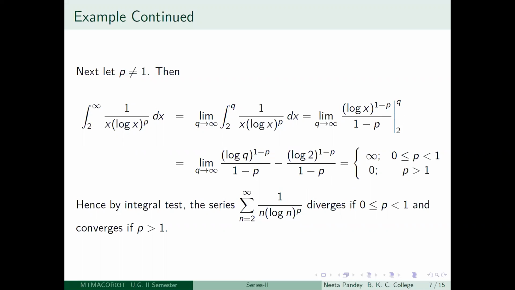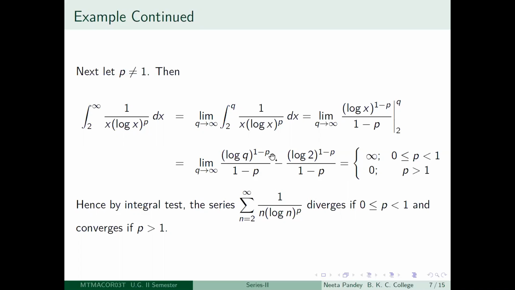Then you take limit q tending to infinity. So that is not going to affect this part at all. What is happening here is, again you see the same type of thing. If p is between 0 and 1, inclusive of 0, then this one goes to infinity. So since this goes to infinity as q tends to infinity, this one is going to infinity, because 1 minus p is again a positive quantity.